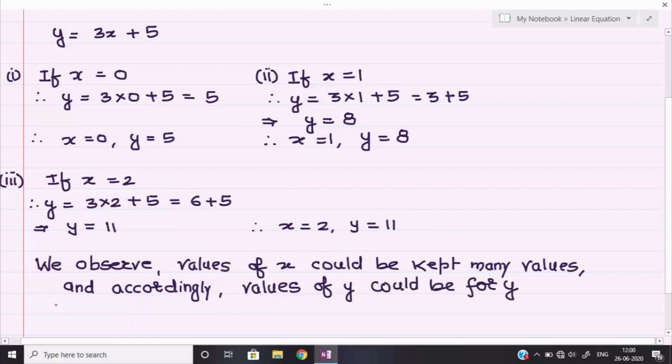So therefore infinitely many solutions are possible for a linear equation in two variables.